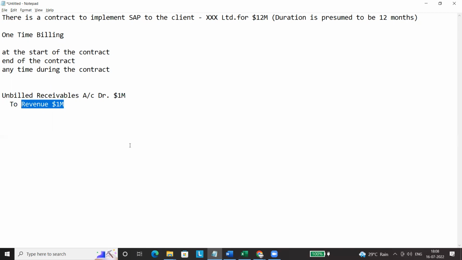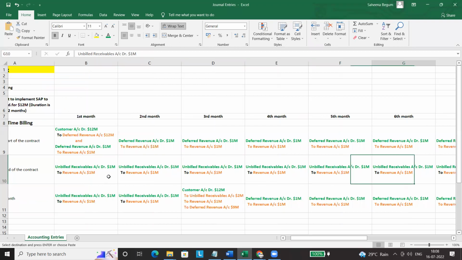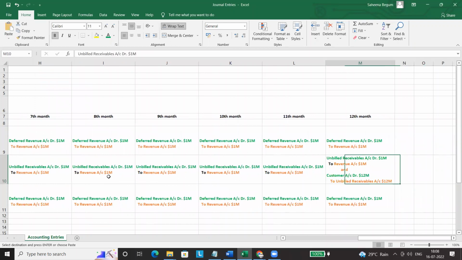And at the end, when you actually bill the customer, you credit this account, so that whatever was debited earlier is set off. Then this clearing account will also become zero. The entries will be like this: initially debiting the unbilled receivable account and crediting the revenue account.